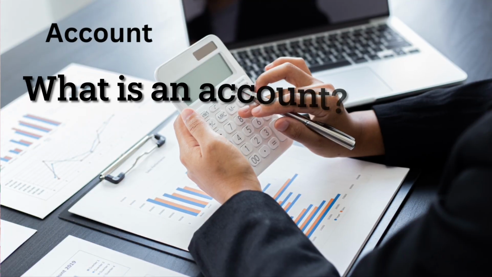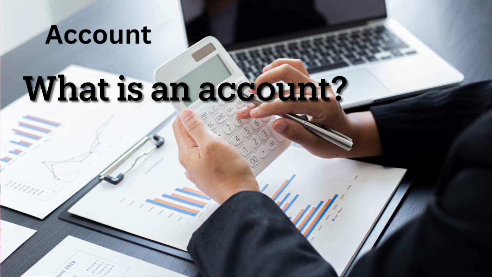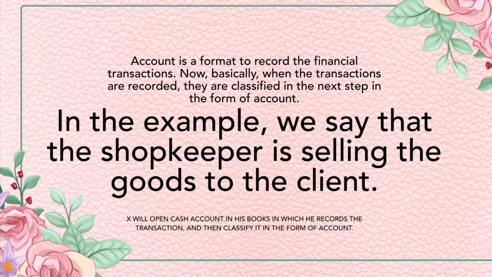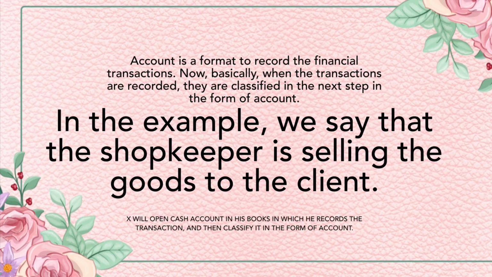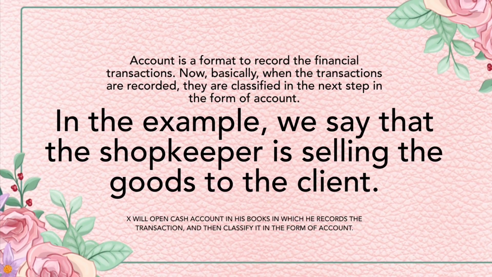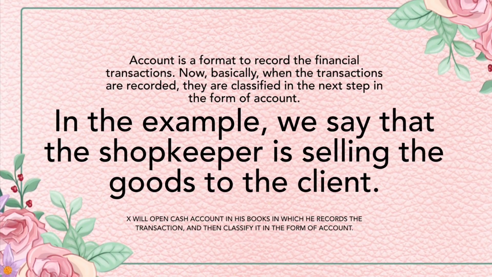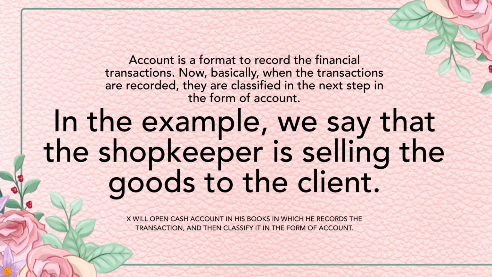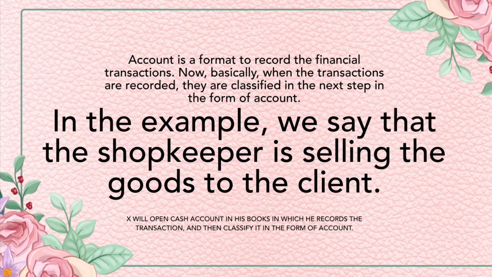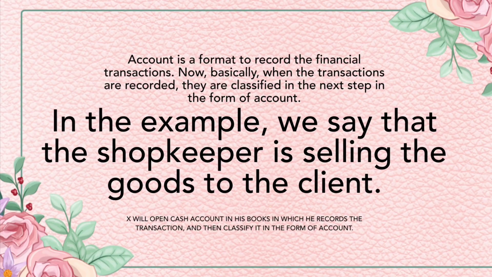Now, what is an account? Another term. Account is a format to record the financial transactions. Basically, when the transactions are recorded, they are classified in the next step in the form of account. In the example, we said that the shopkeeper is selling the goods to the client.